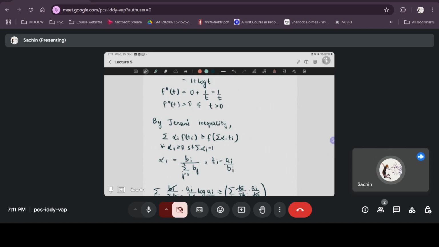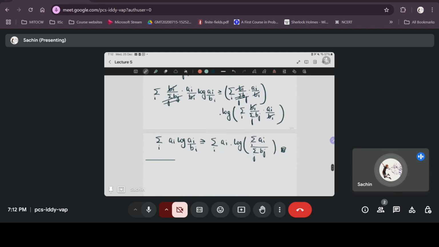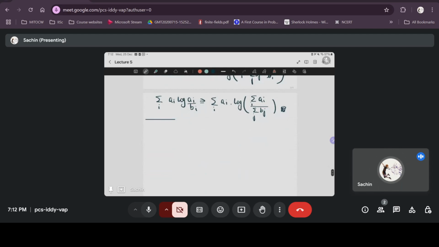So for a strictly convex function, the equality condition holds if x is a constant value, with the probability x is equal to expected value of x with probability 1, that is x takes a constant value. So here x is ai over bi, so ai over bi must take a constant value. That's the equality condition.